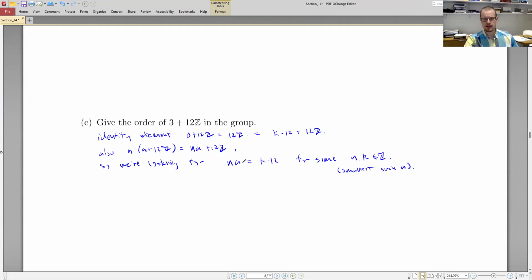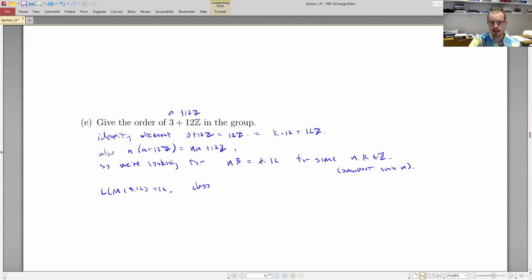I want to recognize that what I'm looking for is a least common multiple. If I consider the least common multiple of a and 12, I have a specific value that I'm using for a here, a plus 12z. So I'm looking for n times 3 to be equal to k times 12. The least common multiple of 3 and 12 is 12.